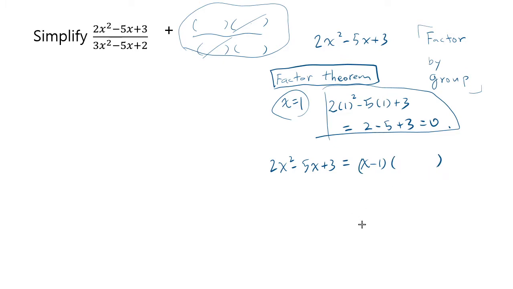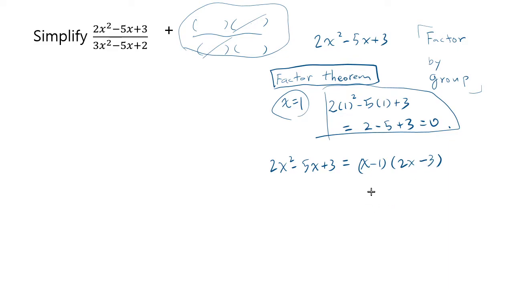Okay, this greatly simplifies finding the other factor, because we know that x times whatever this is has to create 2x squared. So what else can it be but 2x, right? 2x times x is 2x squared. And also negative 1 times this number should equal positive 3, so what else can it be than negative 3?